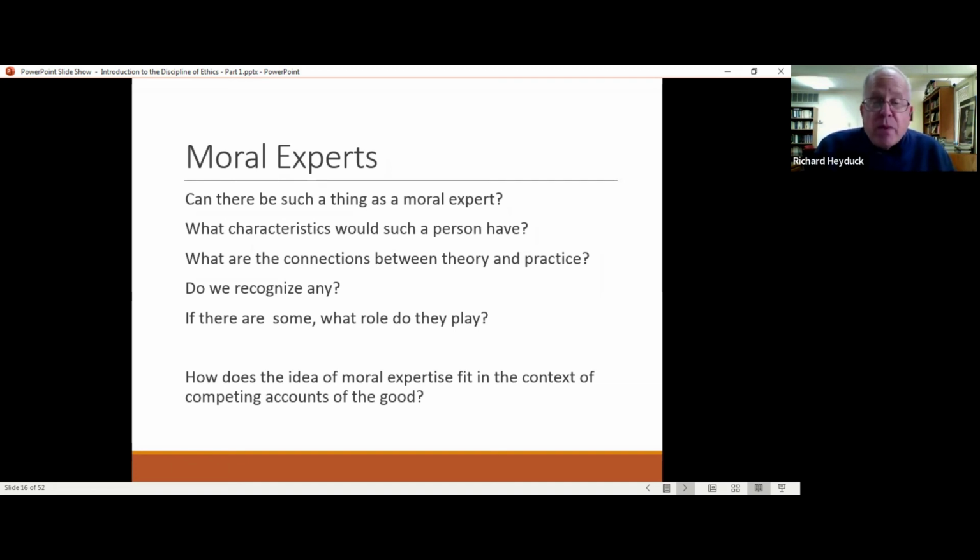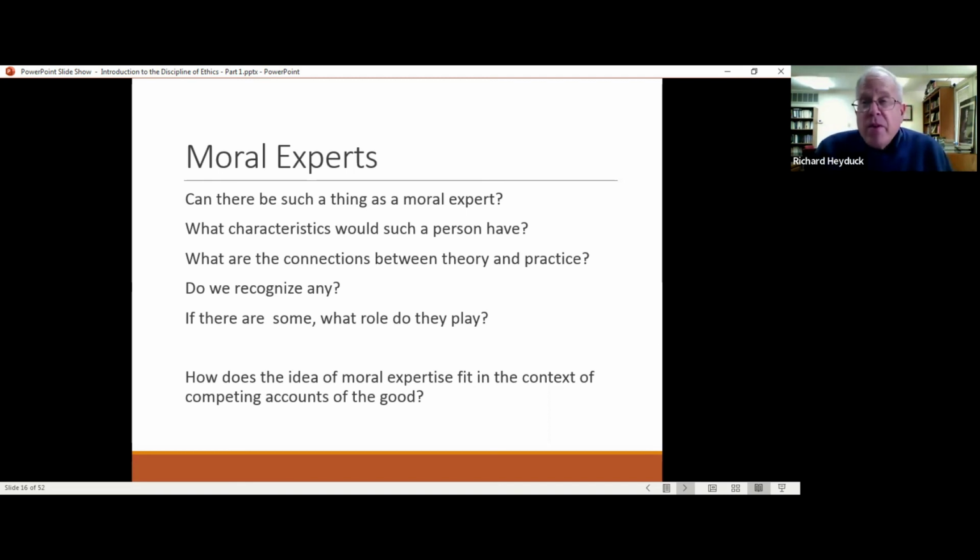It's even possible that you yourself have more than one conception of the good life, and that sometimes you feel conflict within yourself between those multiple options. Given the multiplicity of accounts of the good life, what is the place of any possible moral expertise?